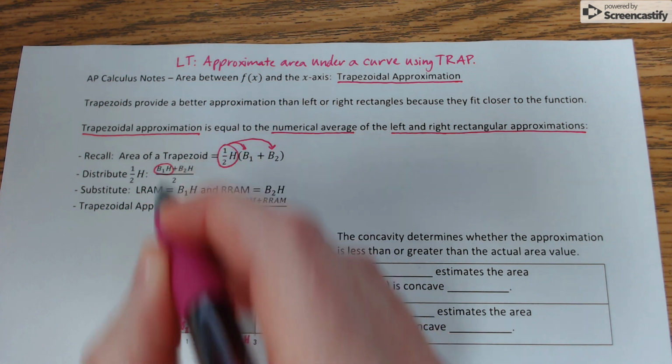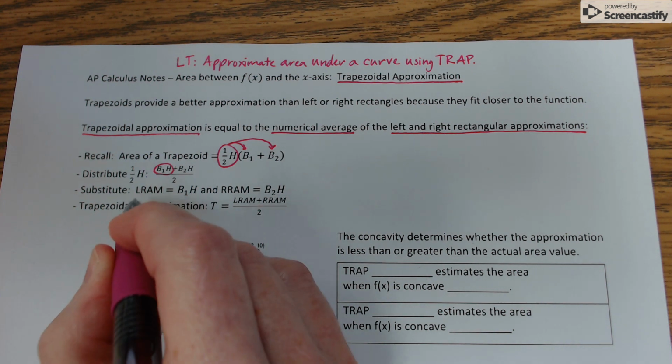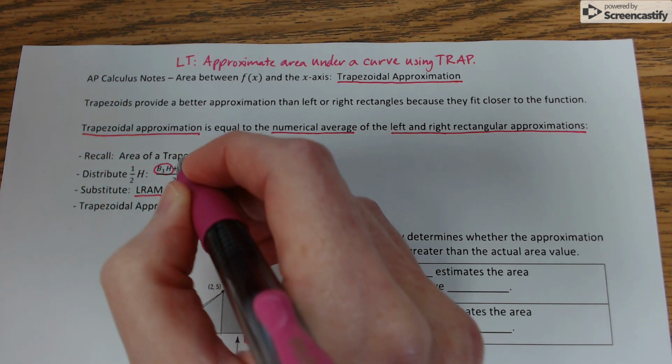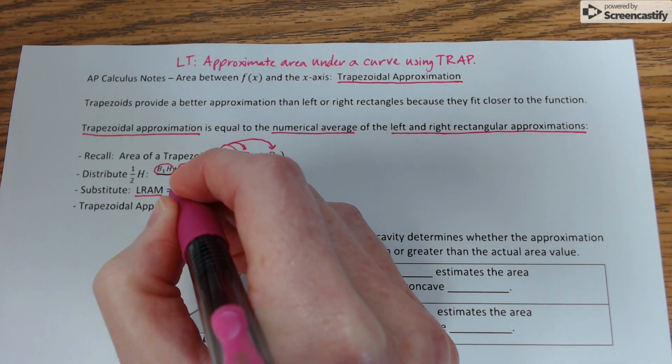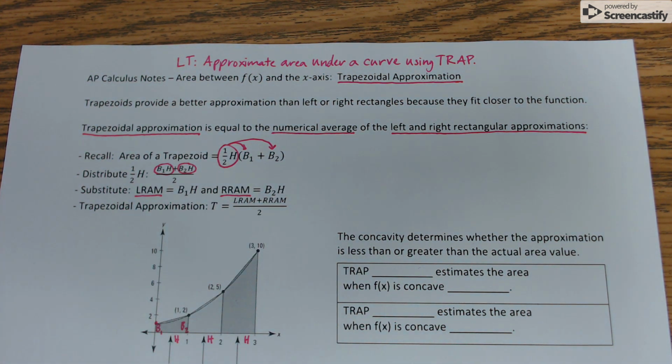If we relate it to the graphic we have here, that is the same as if you did a left rectangular approximation. So your b1 would be your base for your left rectangle, and your h would be your height. And then if it was shifted over to the right, that would give us this b2h area.